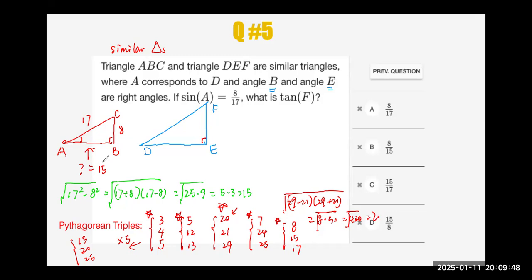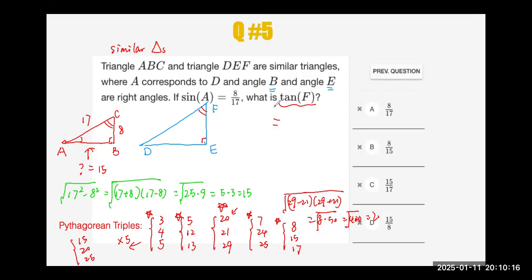Who's the first student who gave me the right answer? Serena Gao, can you please explain why you have tangent f equals to d, please? So I drew two triangles, and on triangle DF, I realized that the adjacent for angle F was 8.